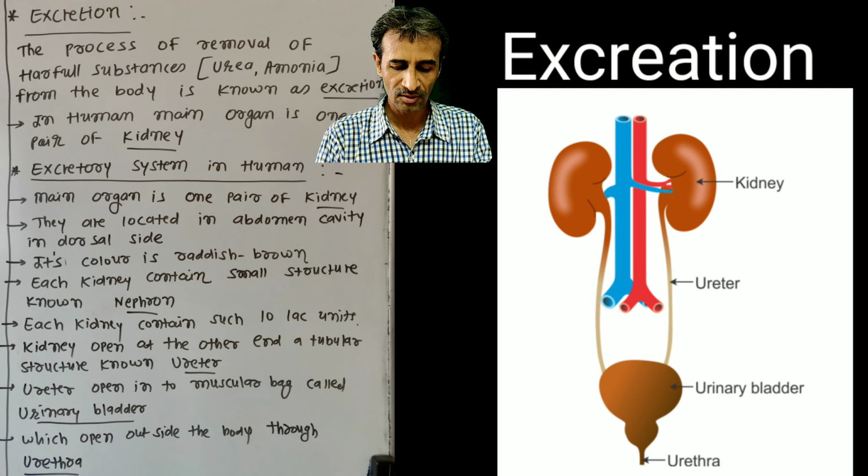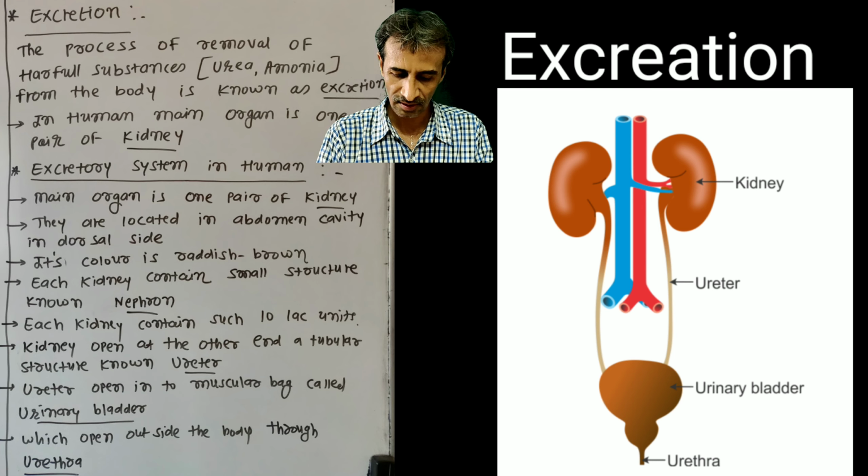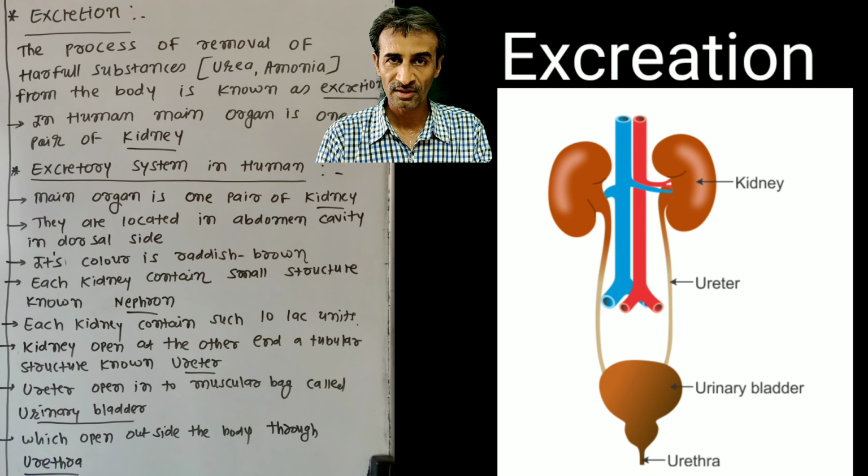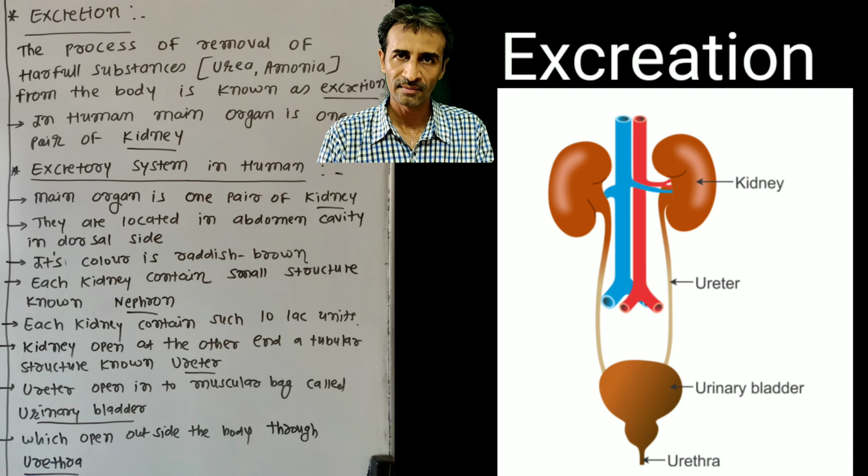Ureters open into a muscular bag called the urinary bladder. Here the urine is collected, or stored, for some time, and it opens outside the body through a small passage named the urethra.